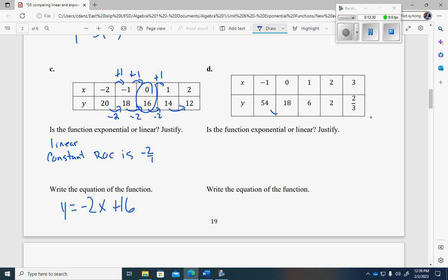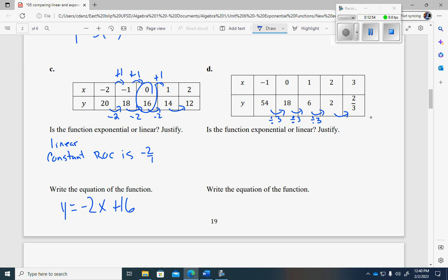B. So this one is also decreasing, but it's not decreasing at a constant rate. To me, it looks like it's dividing by 3. But when we talk about exponential functions, we don't like to talk about dividing by a number, even though that might be the first thing you notice.